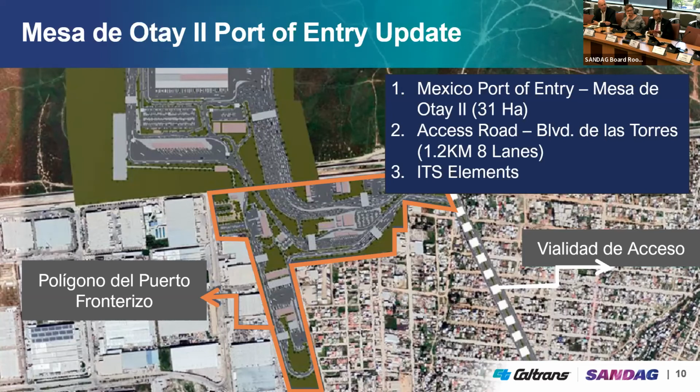I'm happy to report that on the Mexican side, in terms of securing the space needed, both for the roads that will take us to the actual premises of the port of entry, as well as the land that is needed for the port of entry, 90+% is already solved.